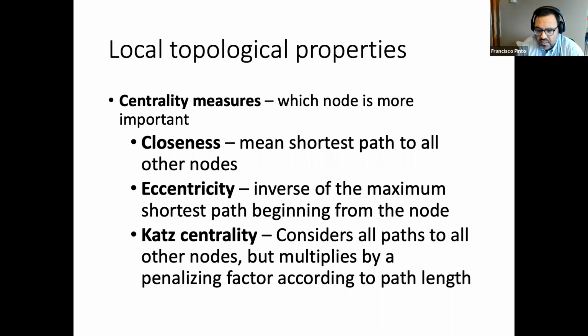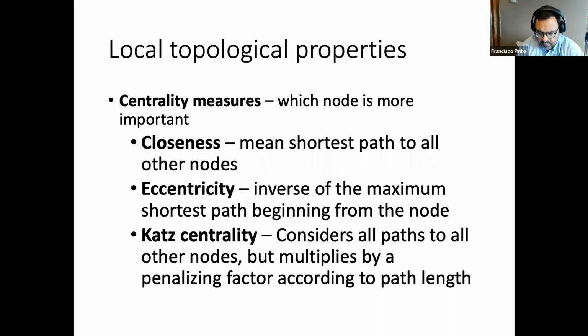We also have this Katz centrality that in part follows the same principle of closeness. So it wants to find the node that is linked to all other nodes with the shorter paths, but it doesn't use only the shortest path lengths. It considers all paths to all other nodes, but the paths with higher lengths have a smaller weight.